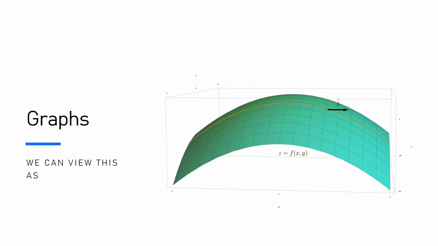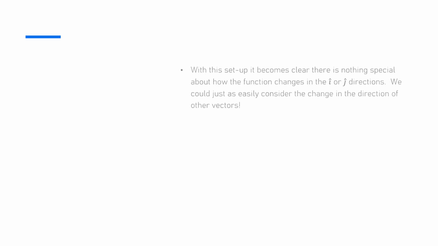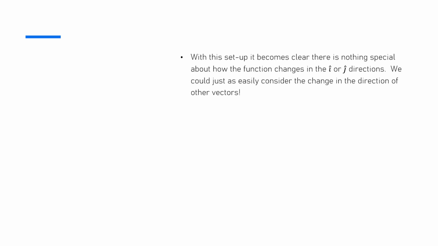If we go back to our picture, standing at that point, we could go in the j direction or the i direction, but there are infinitely many other directions we might be interested in for how the graph is changing. So why wouldn't we be able to consider how the function changes going in other directions?